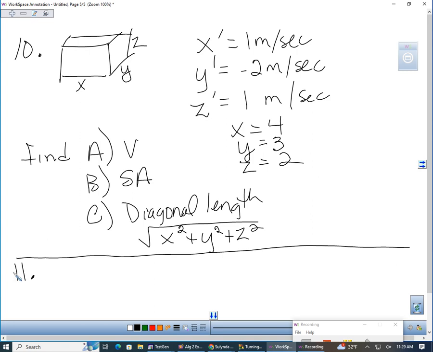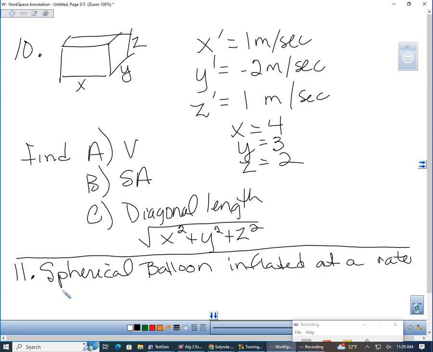For number 11, we have a spherical balloon. It's inflated at a rate of 100 pi cubic feet per minute.